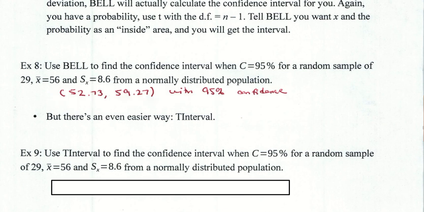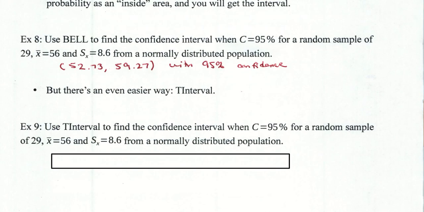It looks like when we round to 2 decimal places, 52.73, and the upper limit, 59.27. And remind yourself of the confidence level. So it would say that there's a 95% chance that the true population mean is in the interval between 52.73 and 59.27. But there's an even easier way, and that is t-interval.